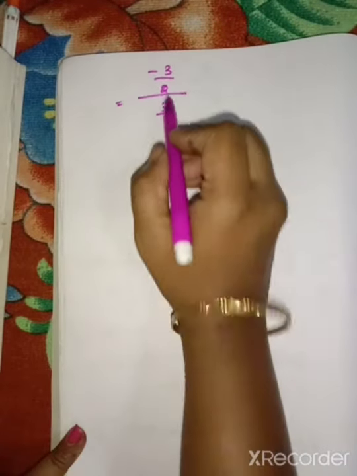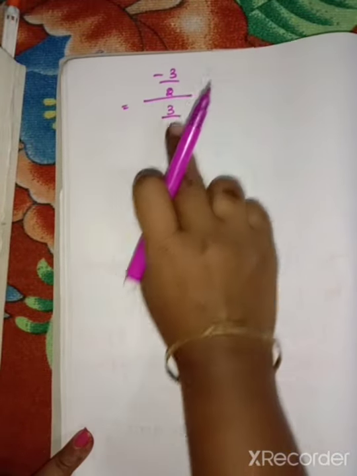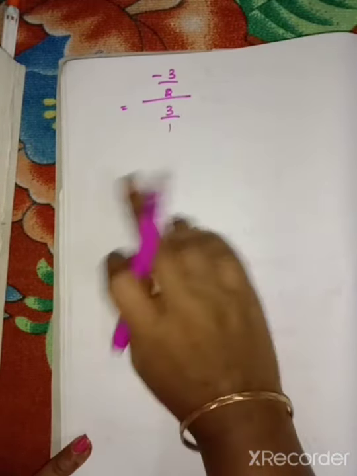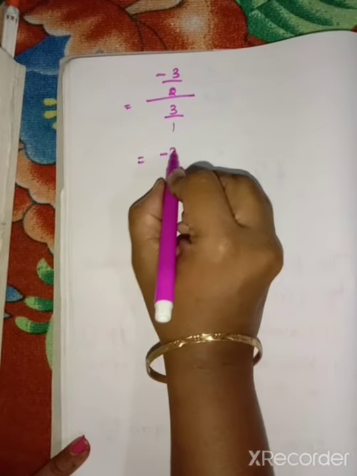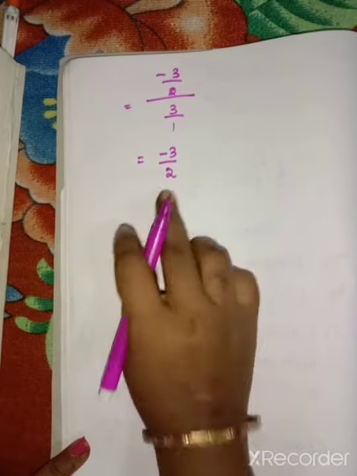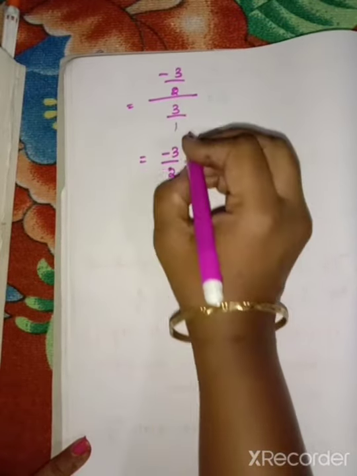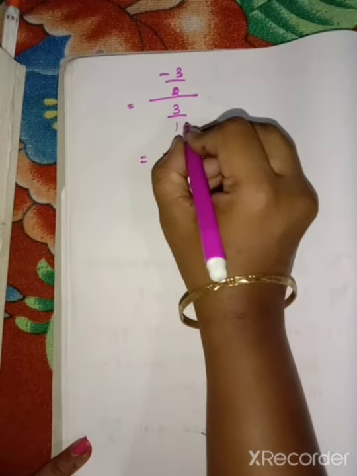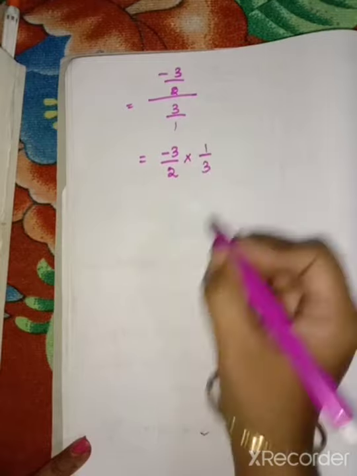So we want to write the reciprocal, which means the denominator will become the numerator and the numerator will become the denominator. So in the numerator part, don't change. So minus 3 by 2 as it is. In place of divide we have to use multiplication, and the denominator fraction will be reciprocal. That means 1 by 3.